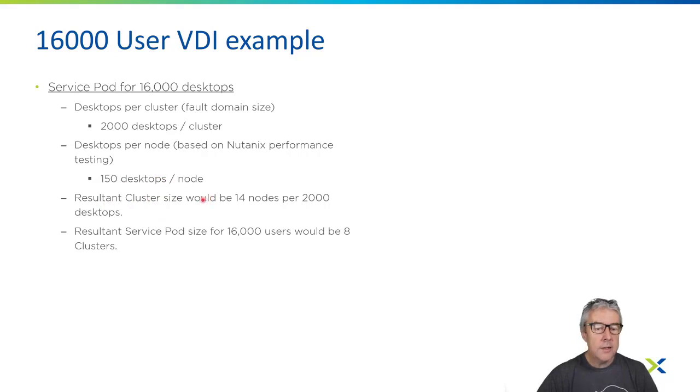So the resultant cluster size would be 14 nodes for 2,000 desktops. 14 nodes, how do I get to that? So 2,000 desktops, divide that by 150 is about 14 point something. So 14 nodes per cluster. We then need 16,000 desktops. So a cluster size of 2,000 to be able to get 16,000 users is 8 clusters.